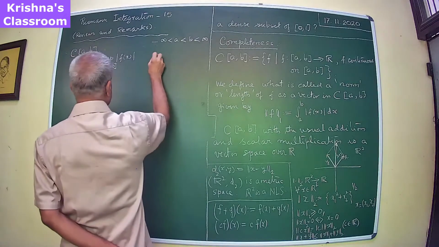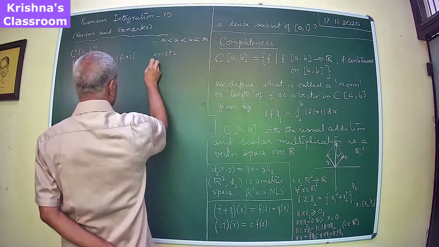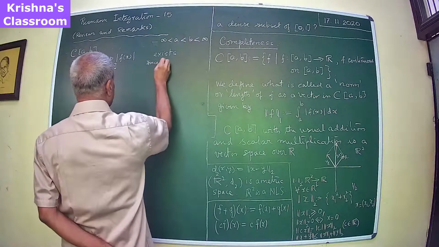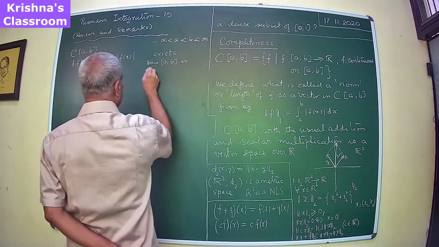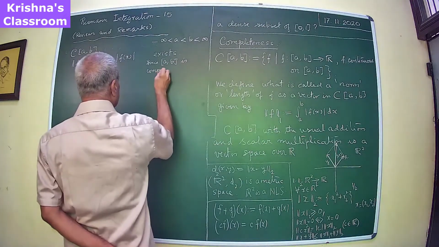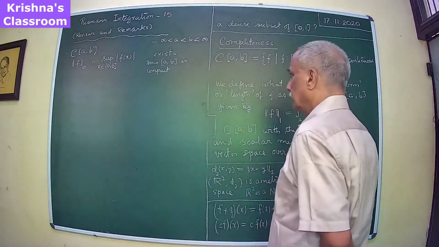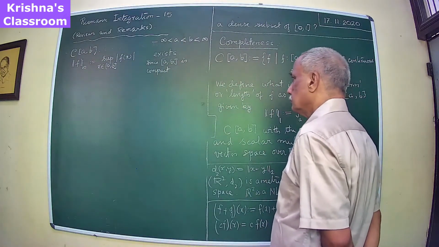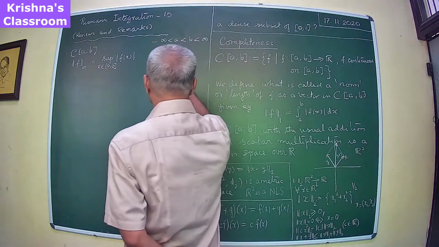So this exists since [a,b] is compact. Compact means closed and bounded. Okay? And f is continuous.